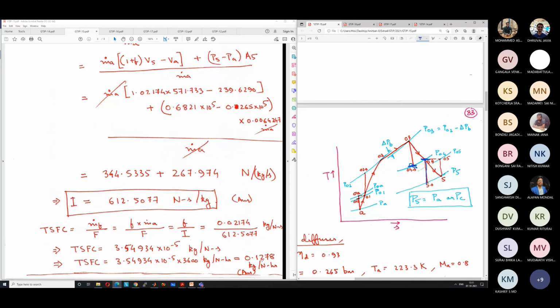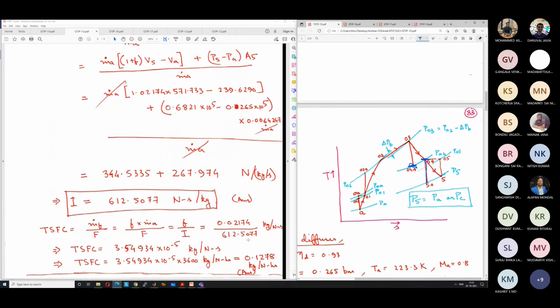So the practical implication of this is that per Newton of thrust, we need 0.1278 kg, or say approximately 0.13 kg of fuel per hour. If I am designing an engine and it will fly for 10 hours, say from Kolkata to London, it takes 10 hours, and this is the TSFC.